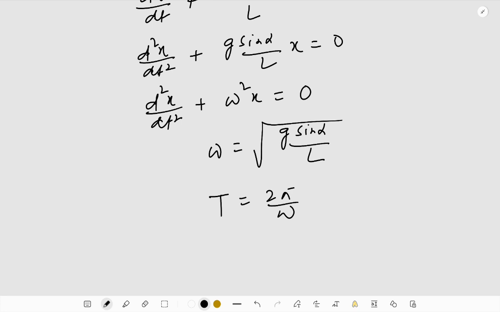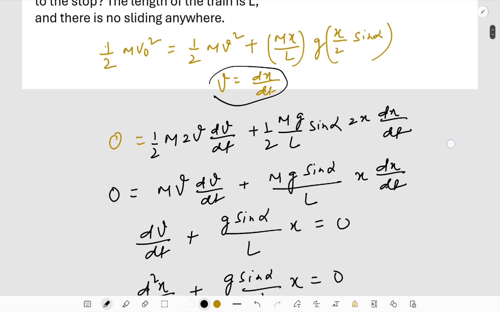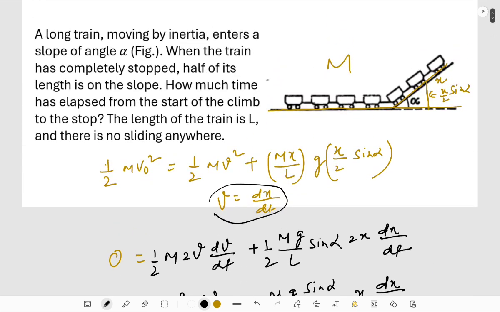And what was the problem? The problem was simply how much time has elapsed from the start of the climb to the stop. Motion started from here. The train tries to climb the hill, but it stops at this moment.